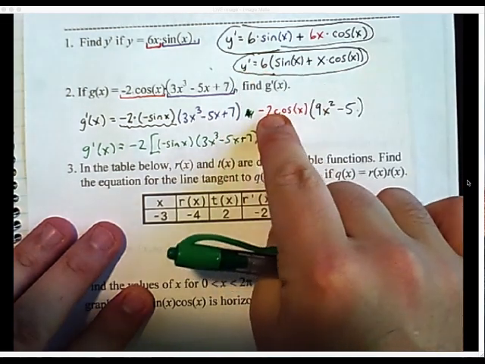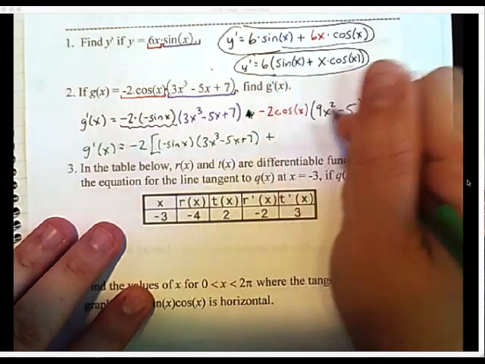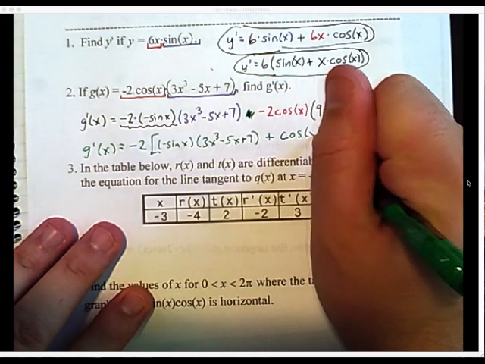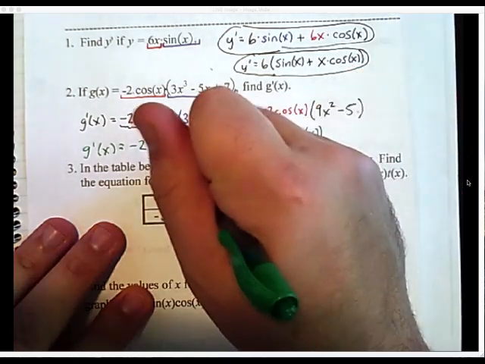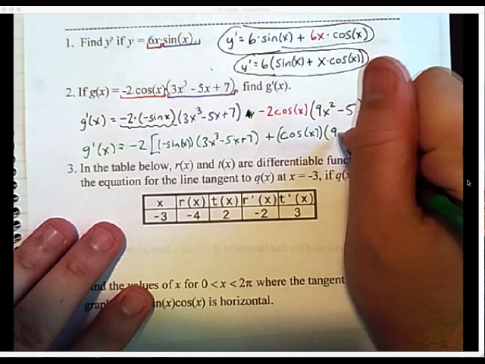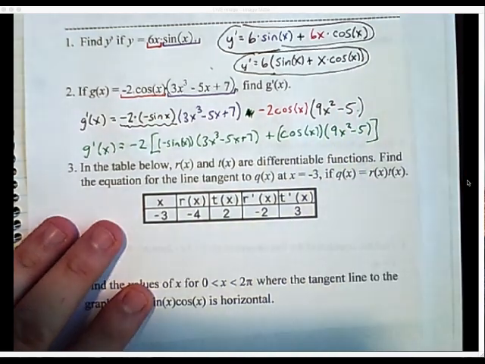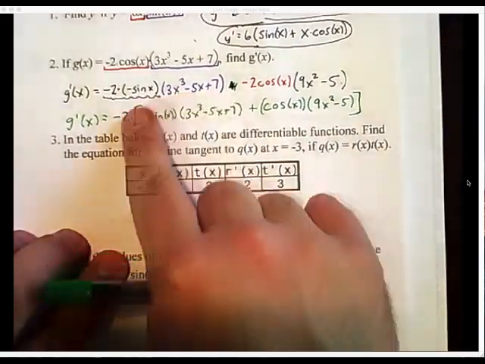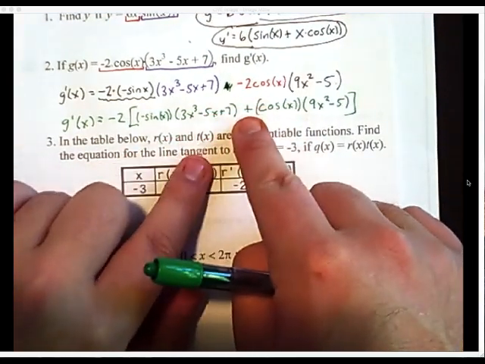You factor out that -2, it comes out. So there's a positive left because you've taken out a negative. A cosine of x times 9x squared minus 5. So you could write it like that as well. And just realize that this term and this term could switch places because addition is commutative.